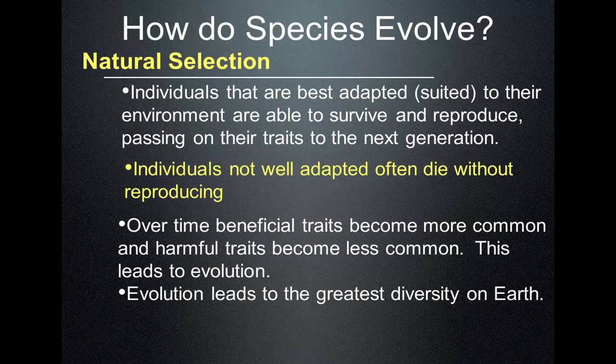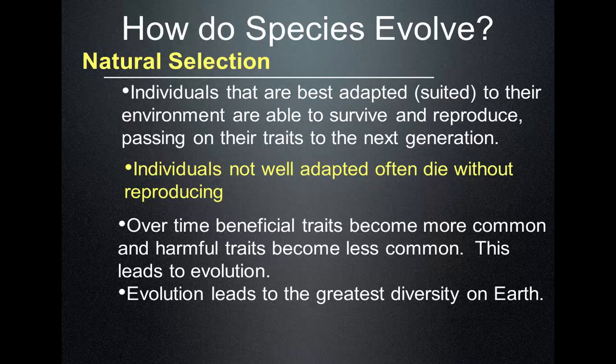Okay, we'll finish up with this slide. So any individuals that are not well adapted, you know, if you're a mouse in that field and you are born with some mutation that makes your fur bright fluorescent orange, well, you're probably not going to survive very long. And over a long period of time, these good traits, these beneficial traits, become more common.